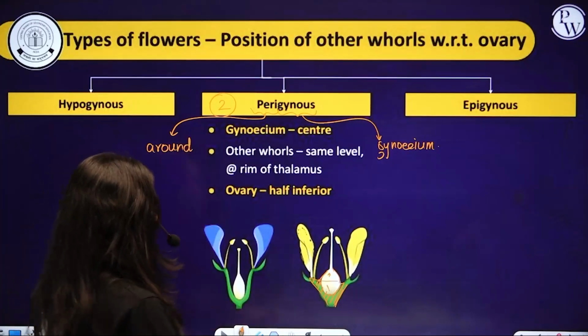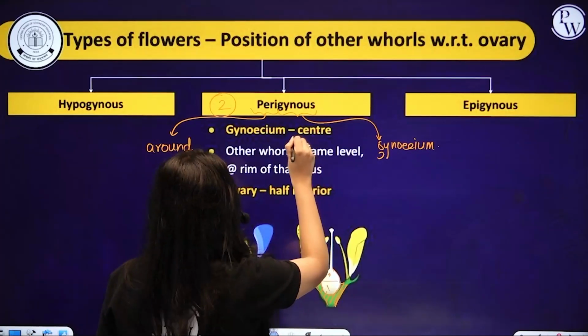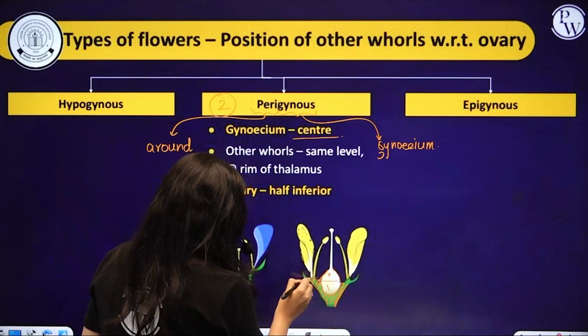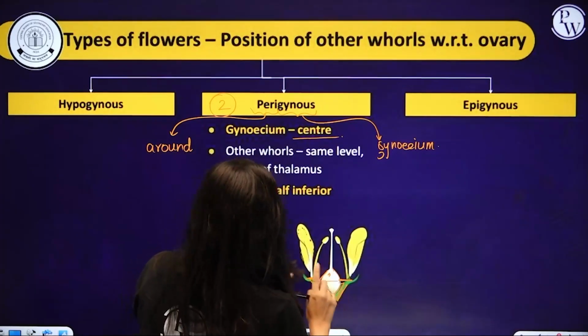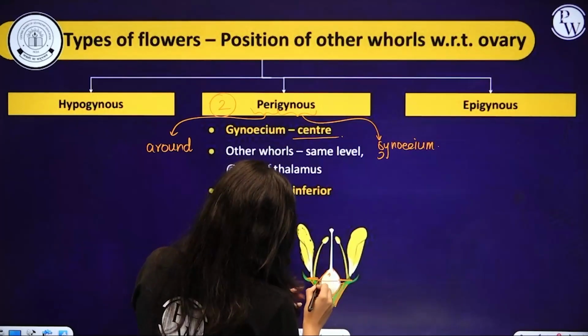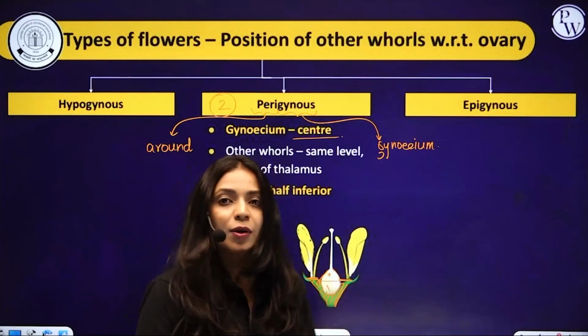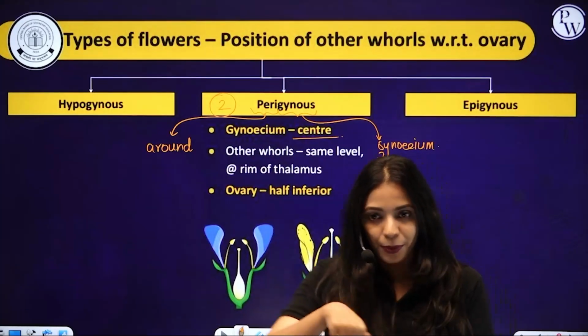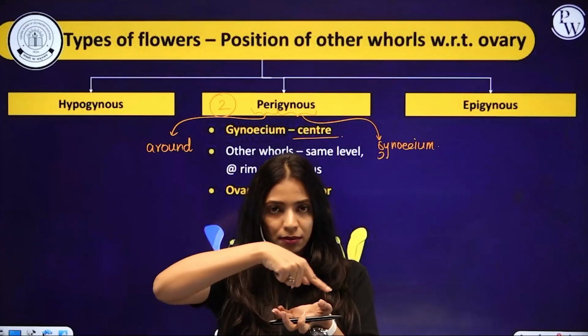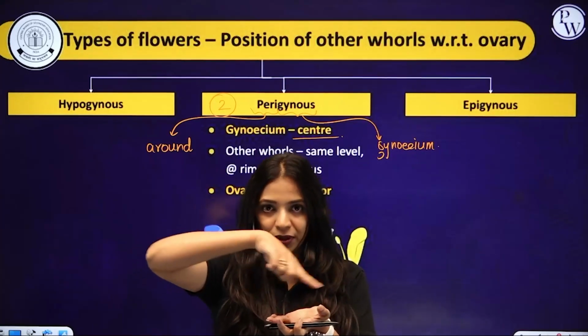Over here, the gynoecium occupies the center. All other whorls seem to arise from almost the same level at the rim of the thalamus. I'll tell you what the rim of the thalamus is. If you consider a cup, the top portion of the cup is called the rim.